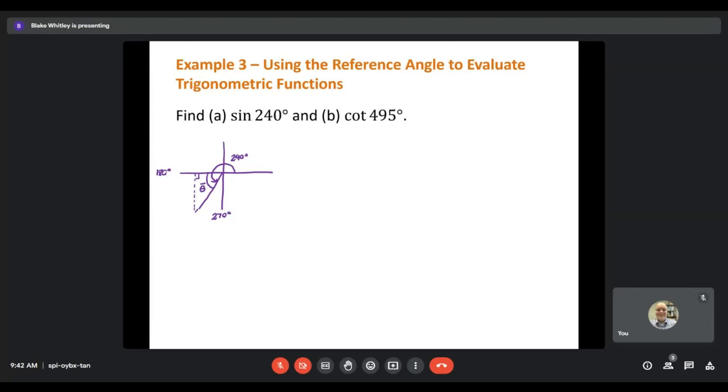This time, we've actually gone beyond the 180, so 240 was bigger than that. To figure out how big that reference angle is, we're going to take our given angle, the 240, and subtract the 180, because that should leave us with that piece that's between the terminal side and the x-axis. Well, 240 minus 180 should give us 60 degrees. And so we know theta bar this time is 60 degrees.